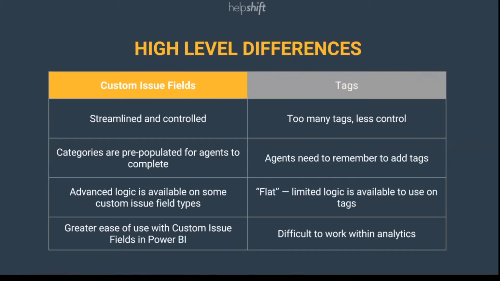You're also going to notice that creating custom reports in Power BI is much simpler with custom issue fields. Information that you'd normally append to an issue as a tag will now have greater depth, and like values or like information can be more easily grouped into a single category, which you couldn't do before with tags.